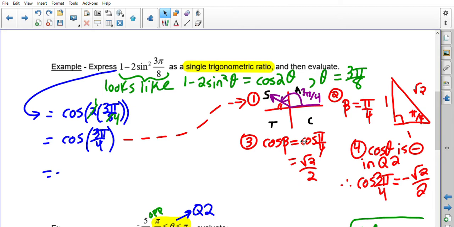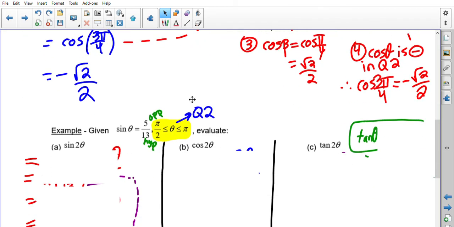So all this same side work that we do, and that's why understanding everything from Unit 6 will make all this easier. So our final answer is that this expression that we would not have been able to calculate without a calculator before our knowledge of this lesson, we were able to do without ever punching that into a calculator. So we were never used to 3 pi over 8, but when we use the double angle formula, it gives us an angle we can evaluate with exact values on our own, and there we did it, negative root 2 over 2.